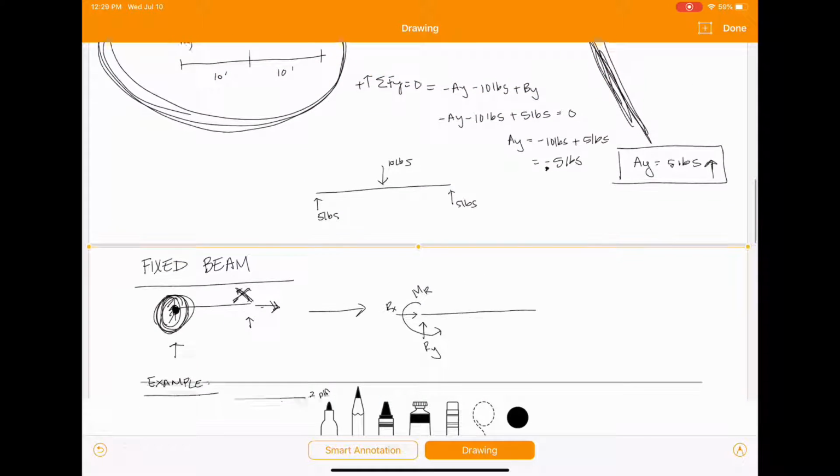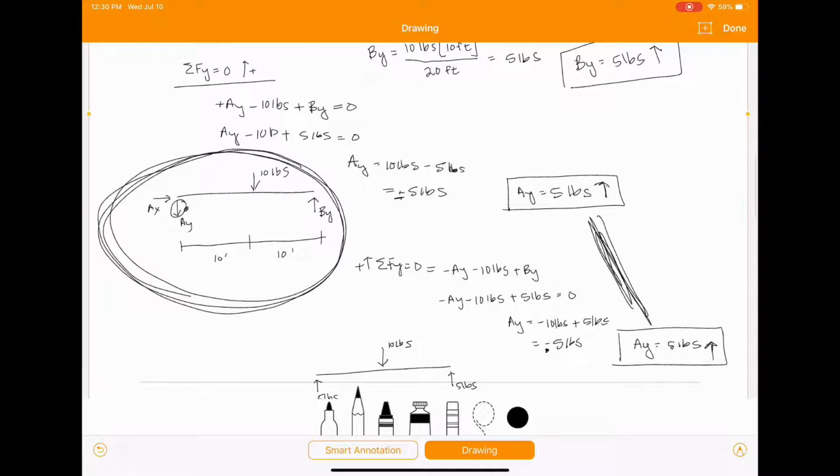If we go back up and we look at the equations we wrote for the previous problem, you can see in our sum of forces y we have 2 unknowns, but we had already solved for one using that moment equation, so then we only had 1. If we did the forces y equation first, then we would have 2 unknowns.